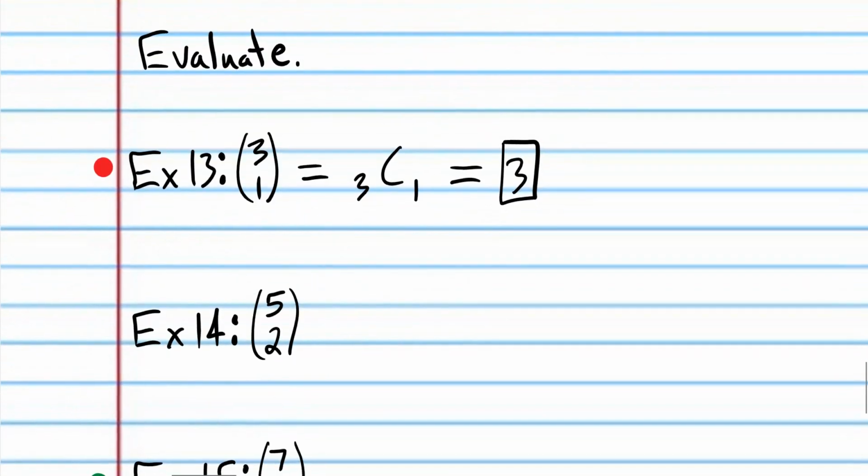And so let's try this next example. This is 5 choose 2. How many ways can we choose 2 distinct things out of 5 distinct things? Well, we need the calculator for that.